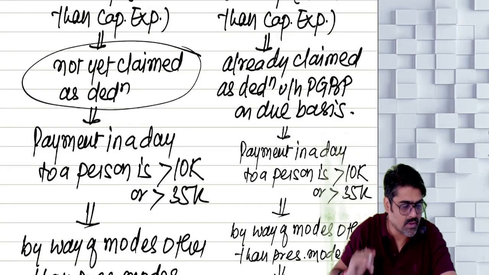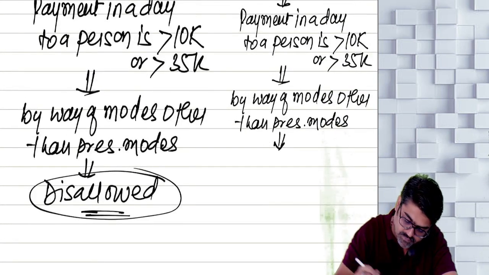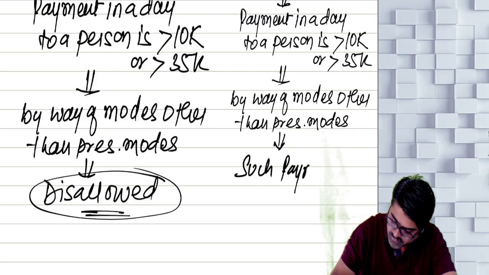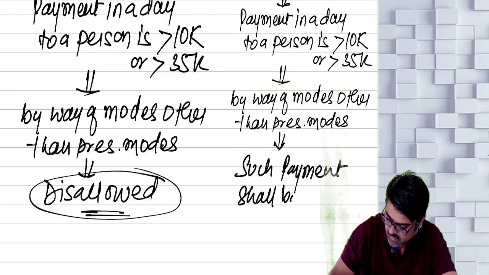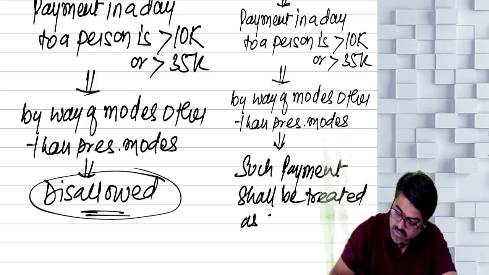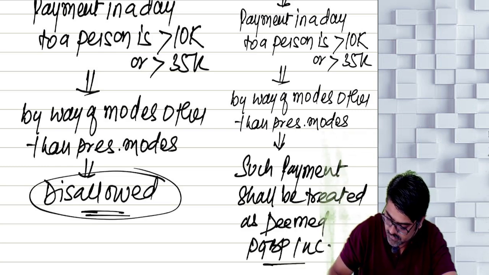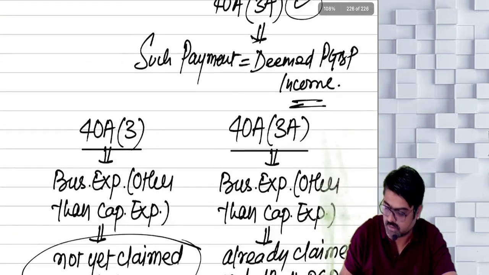Now, disallowance will not be attracted. What will happen? Such payment shall be treated as deemed PGBP income as per 40A(3A).